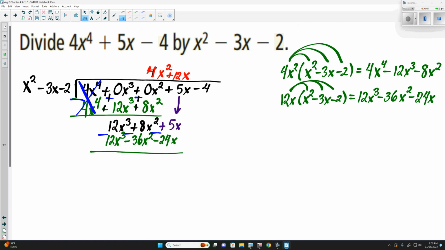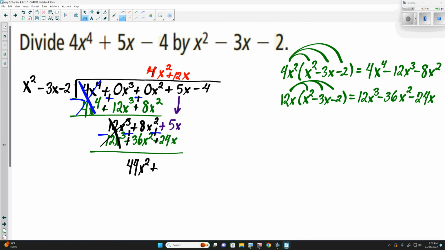And again, our next step is going to be to subtract. 12x cubed minus 12x cubed is 0. 8x squared minus negative 36x squared. The negative and negative would make a positive, and 8 plus 36 is 44, and we have our x squared. 5x minus negative 24x.